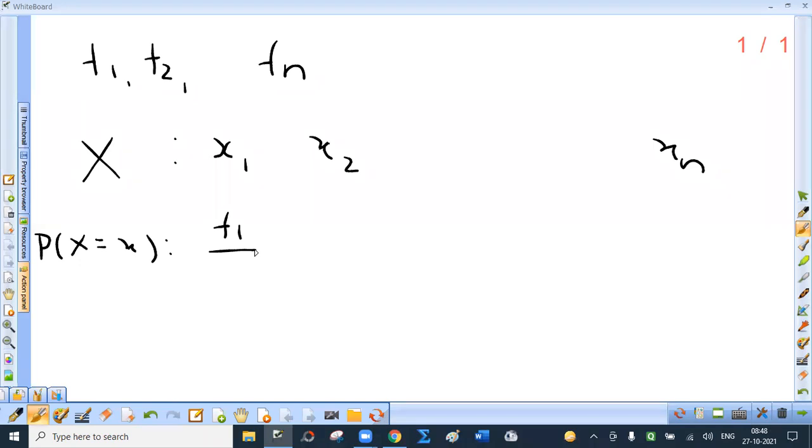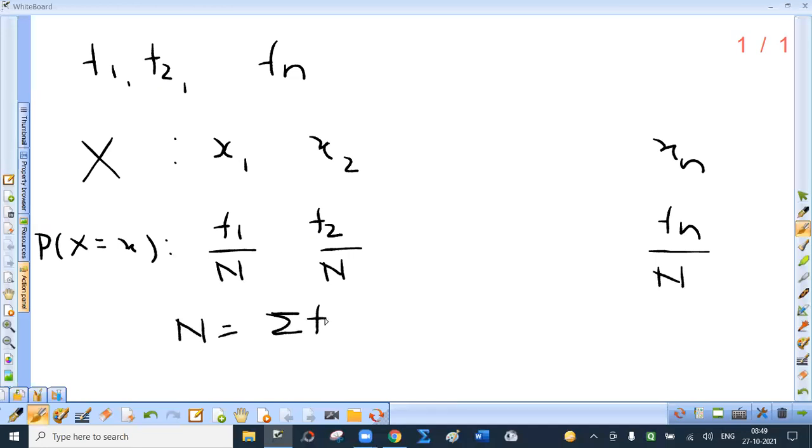It is f1 upon capital N. Out of capital N sample points, f2 are in favor of x2. So its probability is f2 upon N, up to fn upon capital N. Here capital N is nothing but sigma f.